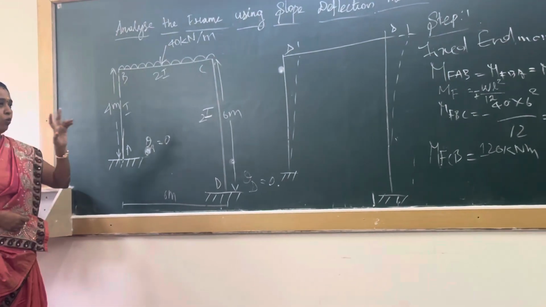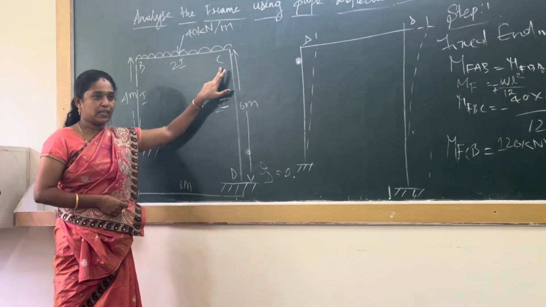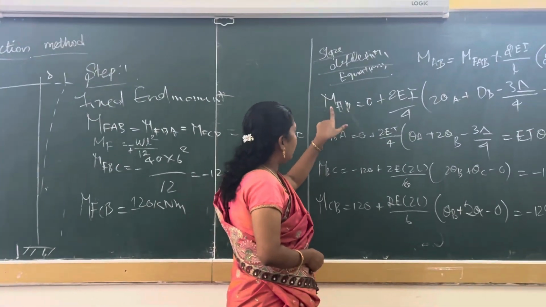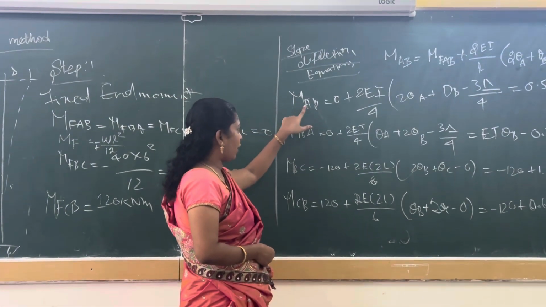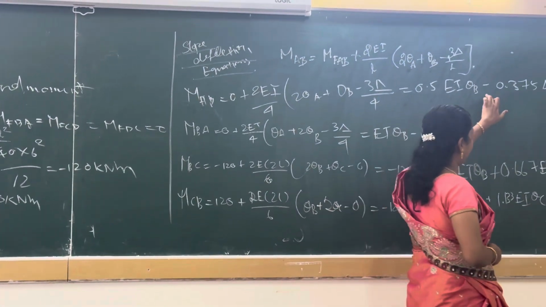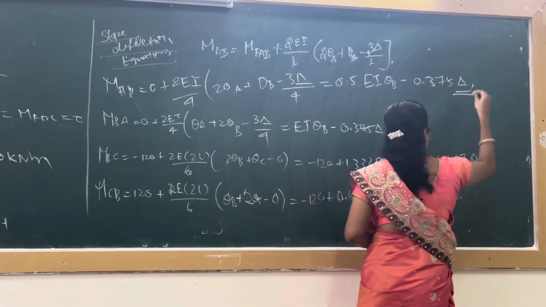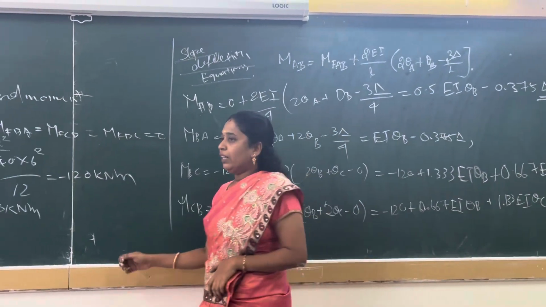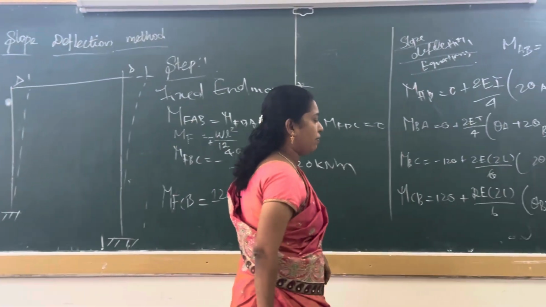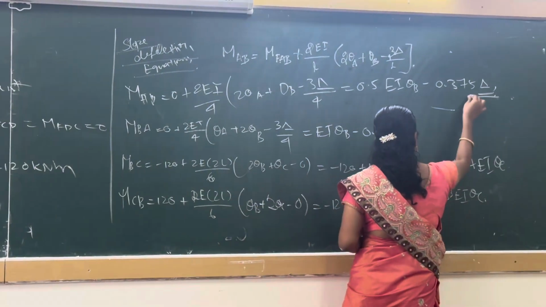We need to find out only two values, one is theta B, another one is theta C. So by using these equations, we can calculate the slope deflection equation for M of AB as 0.5 EI theta B minus 0.375 del. We are substituting del because this frame is having the sway. So we need to take the del value, and keep this as equation number 1.